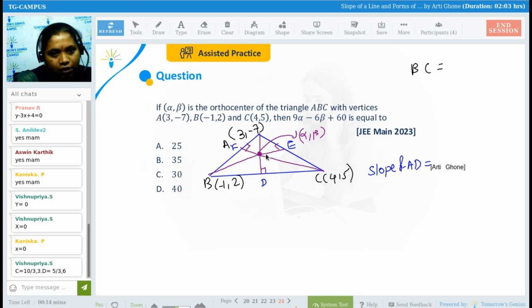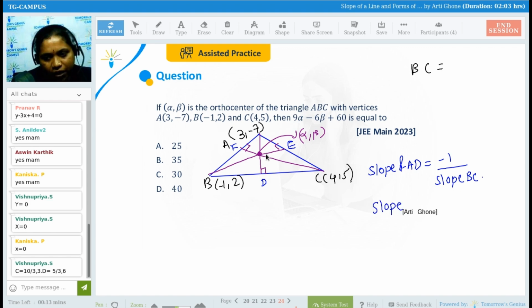By perpendicular line concept, it is minus 1 upon slope of BC, where slope is y2 minus y1 upon x2 minus x1. Similarly, I'll take BE. What is the slope of BE? Minus 1 upon slope of AC.